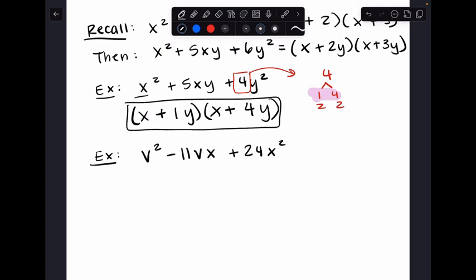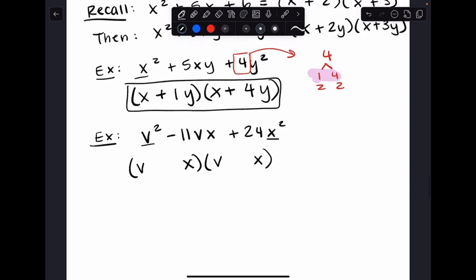Right off the bat, I'm going to set up my parentheses. Because we have a v squared here, you're going to put v and v. And then since we have an x squared at the end, you're going to put x and x. After you have those set up, you can find your factors of 24. So we got 1 and 24, 2 and 12, 3 and 8, I believe, 4 and 6.